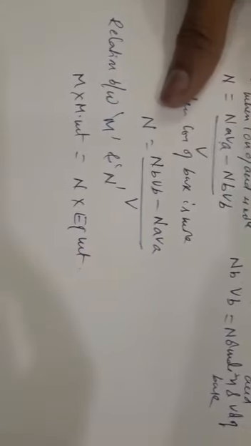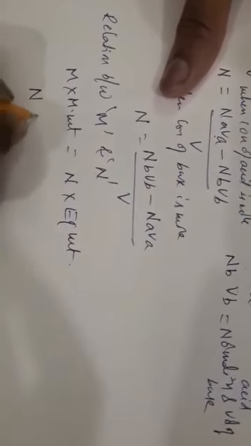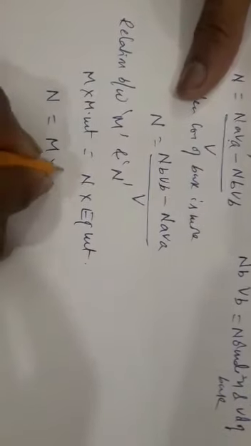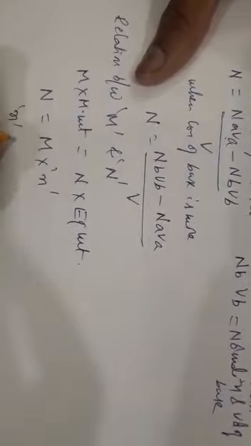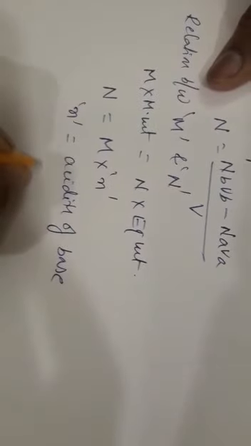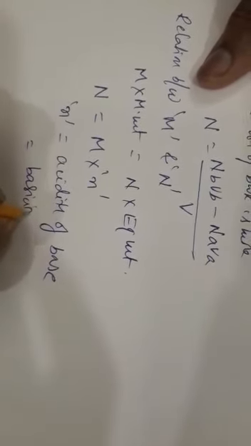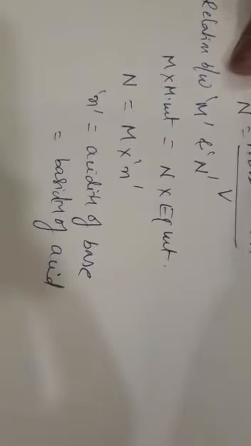Or we can write normality is equal to molarity into small n, where n is equal to the acidity of base, or the basicity of acid, or the charge on cation or anion of salt, or the number of electrons transferred during redox reaction.